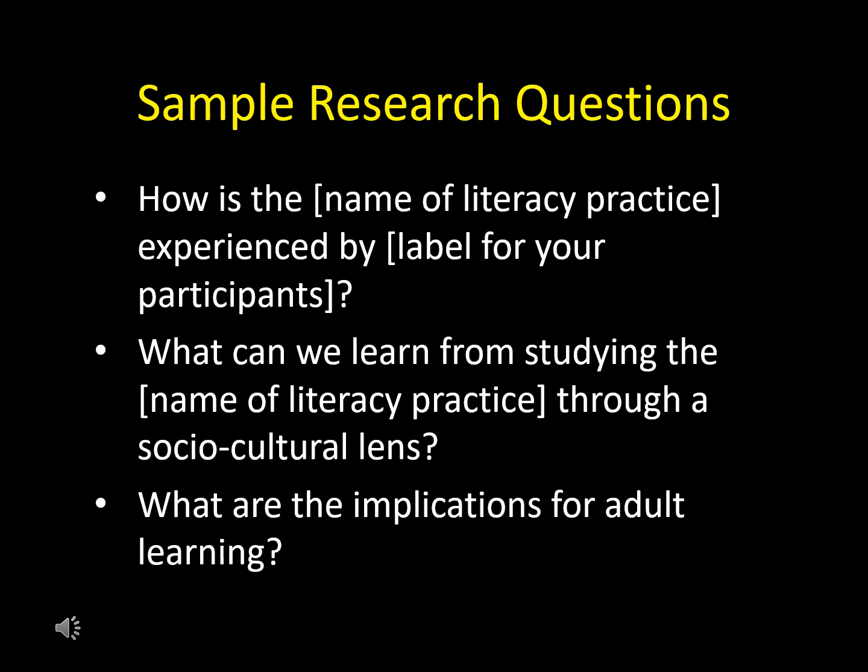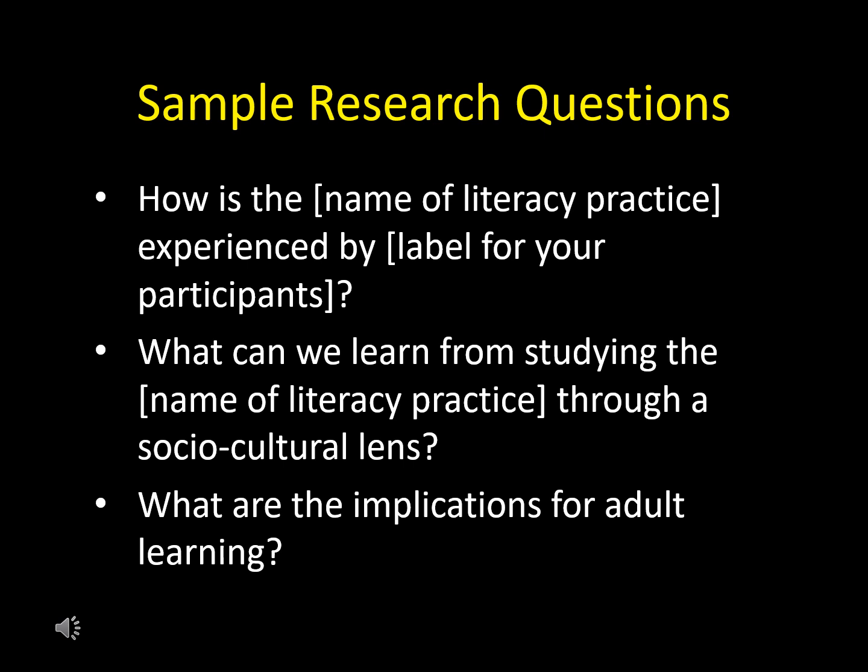Your main research question should be something along the lines of the first bullet here: How is the name of your literacy practice experienced by the label for your participants? Some form of that question. If you wanted to add another question, you could do something like the second bullet: What can we learn from studying the name of the literacy practice through the sociocultural lens? And finally, if you wanted another question, and remember, questions will help provide you some structure.